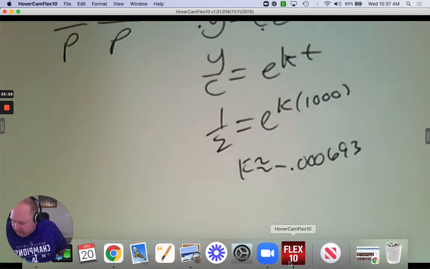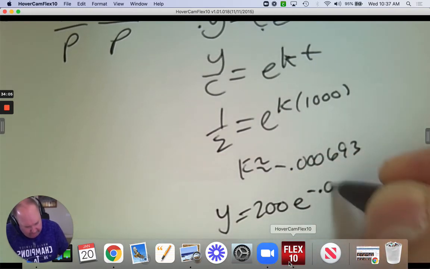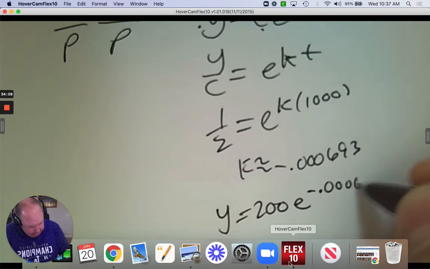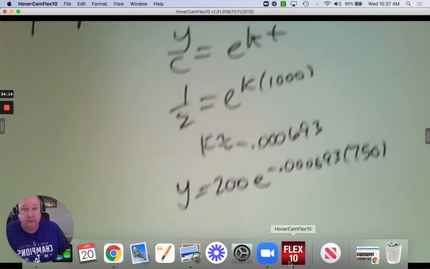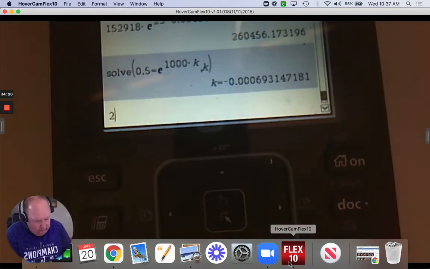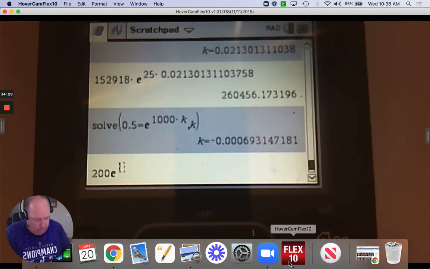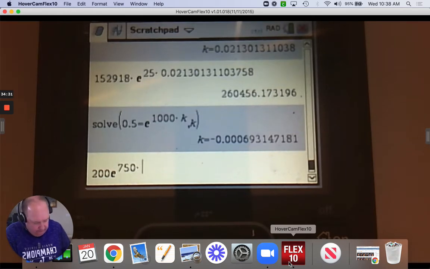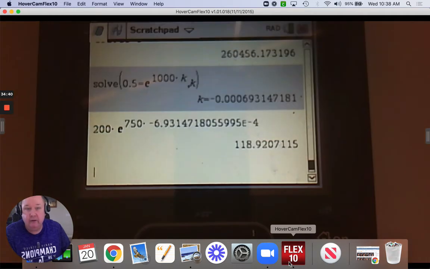Then it says how much of 200 grams will be left after 750 years. So there, you just plug in the values that you have. Make sure you paste in the rate, and then we're done. So it's 200 e, and then I'm going to go 750 times paste, Control V, get rid of the k equals, and then you have your answer.